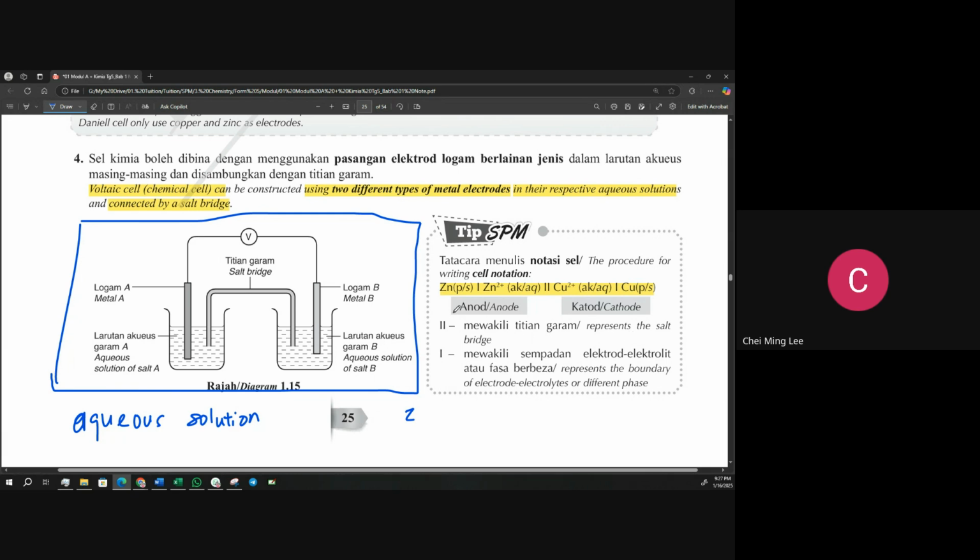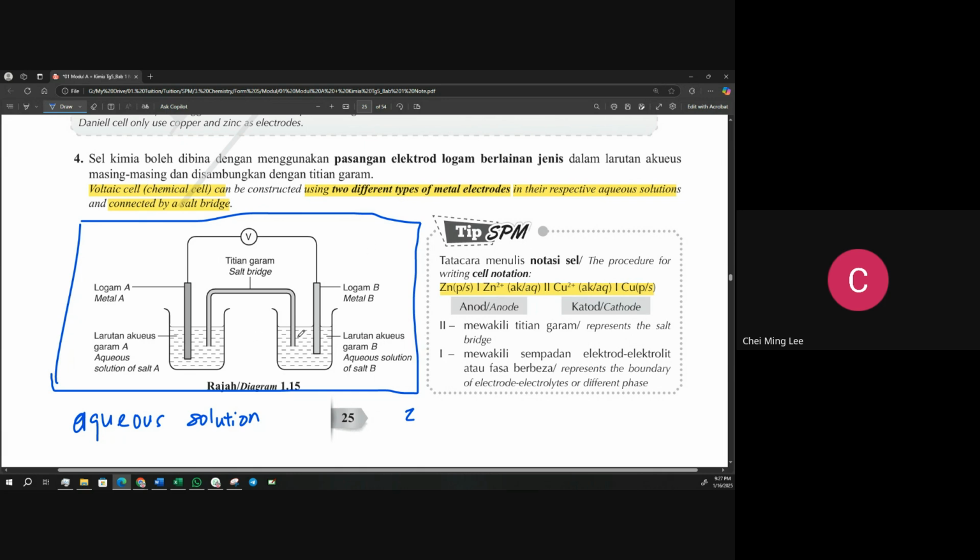So you see, double slash here is considered as the salt bridge or porous pot, while the one slash represents the boundary of electrode and electrolyte. That's why we need this, to differentiate them.